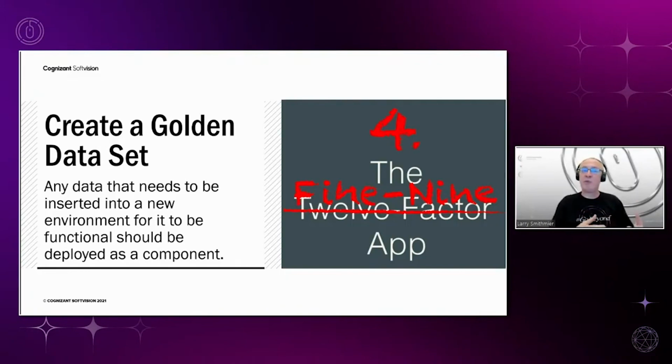You want your deployment of the new environment, the infrastructure, the code, and the data to all be automated. So build out a golden data set. I'll tell you, it's a lot easier to do at the beginning than it is at the end. Trying to retroactively build this golden data set is not something that is for the faint of heart. Don't try it at home, please.